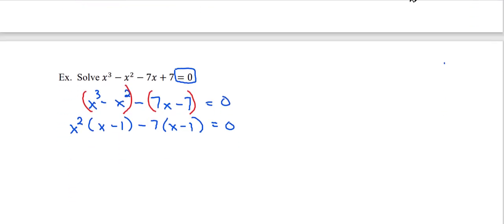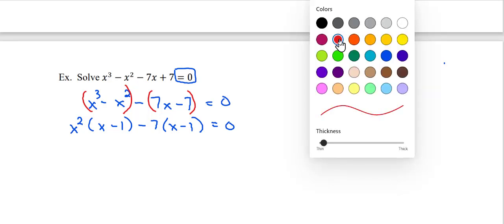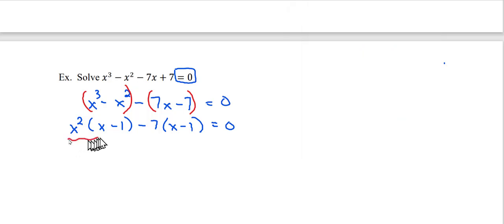Now I notice that I have a new GCF. An important thing here is to recognize that this is a term now, and this is a term now, because those things are multiplied, right? The x squared is multiplied by that x minus 1 quantity. The 7 is multiplied by the x minus 1 quantity.